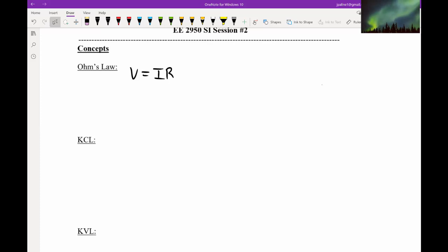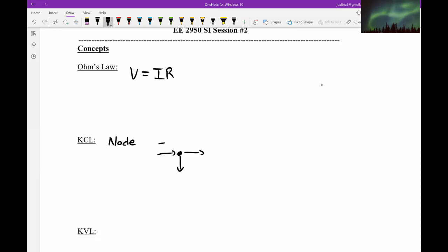Looking at KCL, KCL is one of our analysis techniques that we have. If I am going to use a KCL, it has to be at a node, or a node is just a point where these two wires are going to meet. And what this is, we'll have currents entering and exiting.